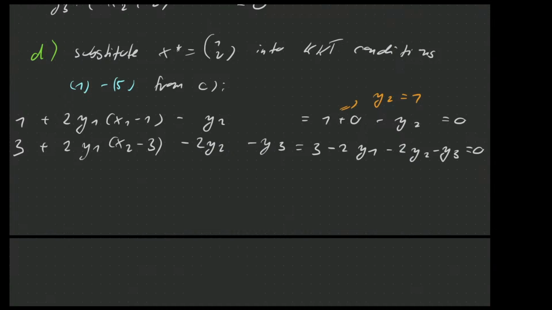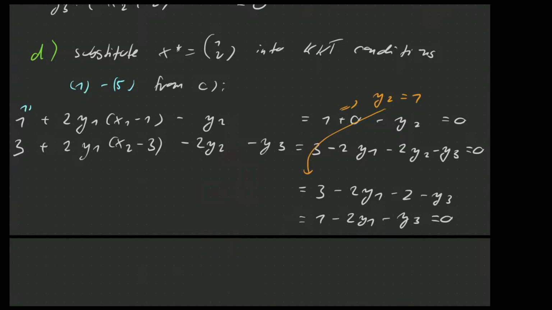And of course, we can directly use that down here. So this is 3 minus 2y1 minus 2 minus y3. And well, 3 minus 2 is 1, right? 1 minus 2y1 minus y3 is 0. We can't solve for the other y's right now, but at least y2 is out of the way.